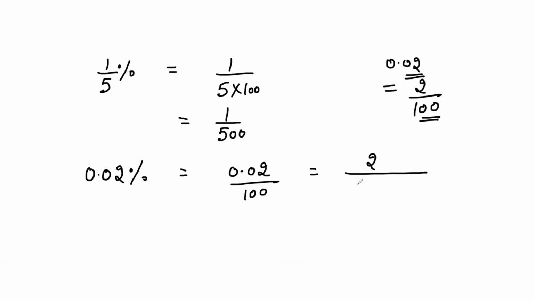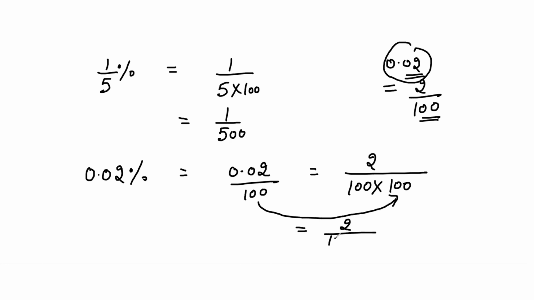So this 100 is from 0.02 and into this 100 we already have written. So this would be equals to 2 over 10,000, which can be simplified with 2, and we'll get here 1 over 5,000. So this is how we can convert your percentages, either given as a whole number, a fraction, or a decimal number.